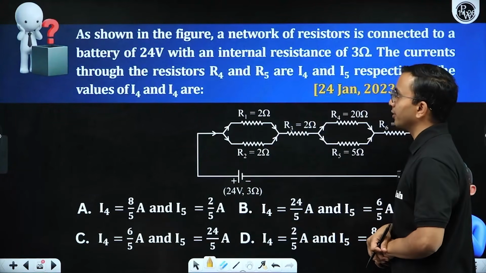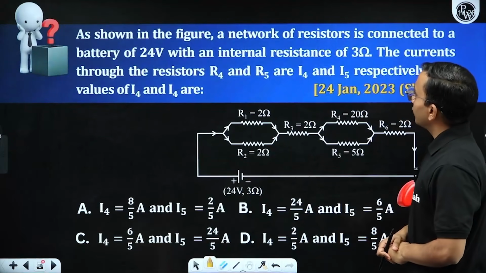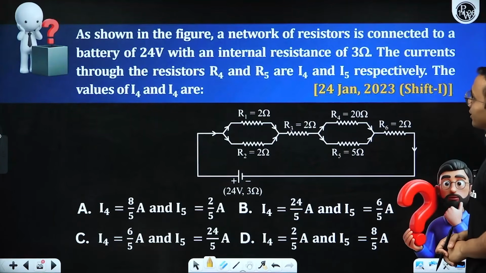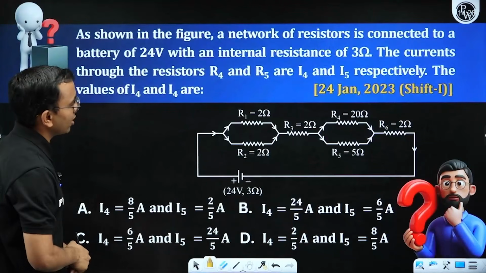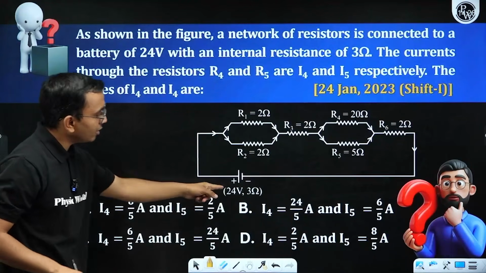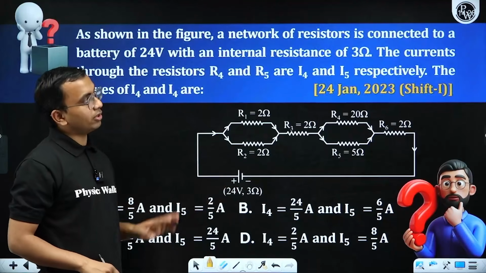Okay, as shown in the figure, a network of resistors is connected to a battery of 24 volt with an internal resistance of 3 ohm. Here the internal resistance of the battery is given, so we need to consider that.